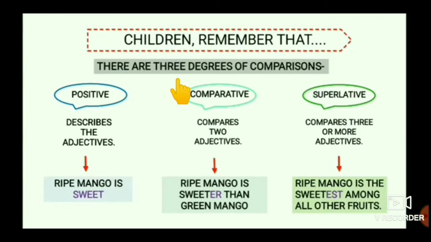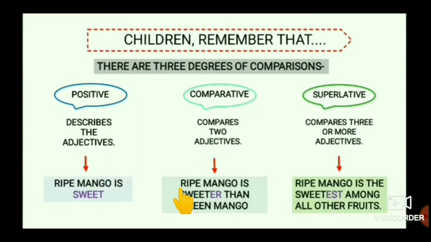Children, remember that there are 3 degrees of comparison: positive, comparative and superlative. The positive describes the adjective. For example, ripe mango is sweet. What is the adjective in this sentence, children? Sweet. This is the positive statement. The comparative compares two things.